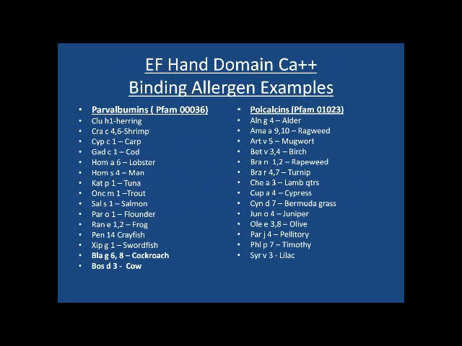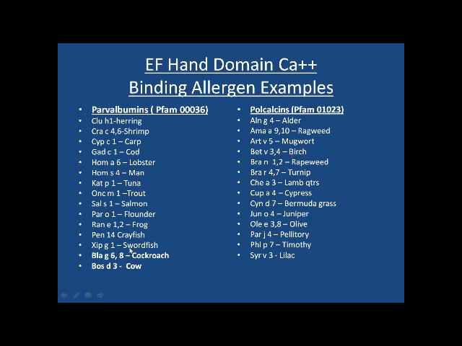Let me give you an example of these EF-hand domain proteins, the parvalbumins in fish and animals, and then the polcalcins in plants. So these are all very similar proteins. They can become allergens.